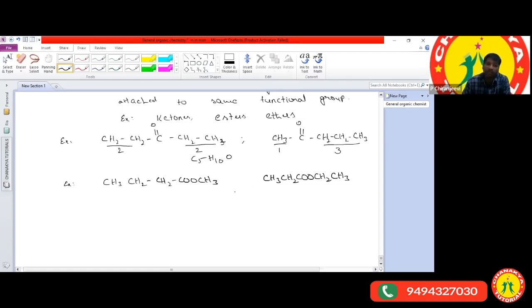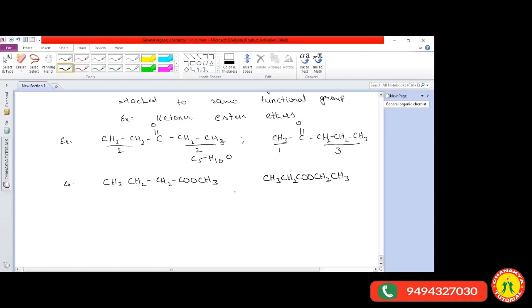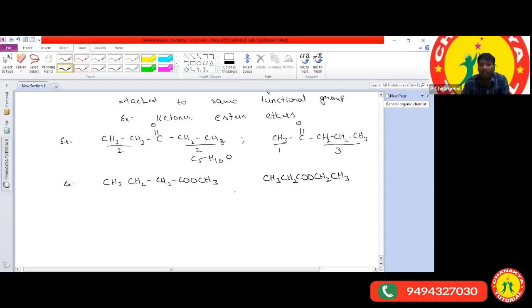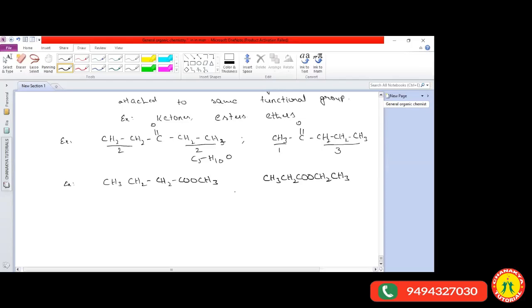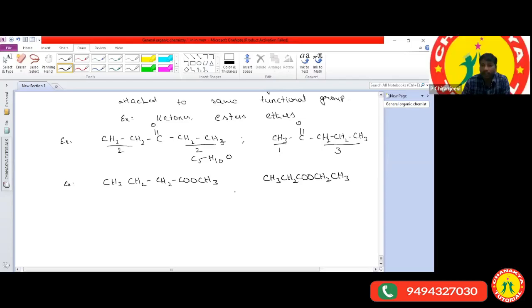What is the correct answer? Metamers. So Sriveda, you are saying that these two are examples of metamers? Yes, sir. How can we explain that these two are examples of metamers?